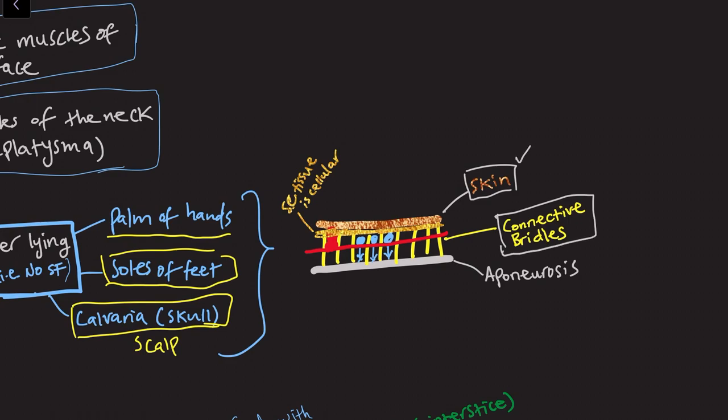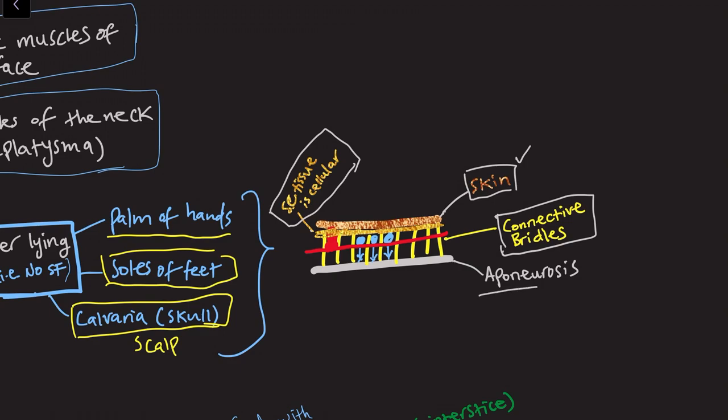So you have the skin here, then you have your subcutaneous tissue that is cellular in those places, like the scalp, as well as the palm of the hands and the sole of the feet. So you have your skin, followed by the subcutaneous tissue, and then beneath the subcutaneous tissue you have the aponeurosis.